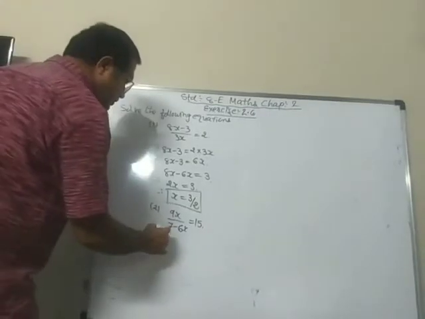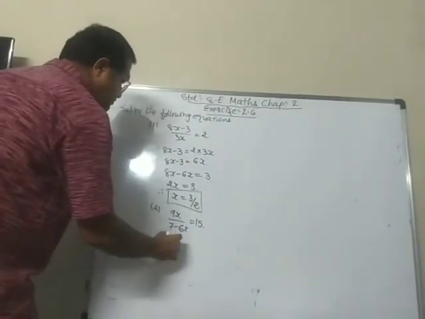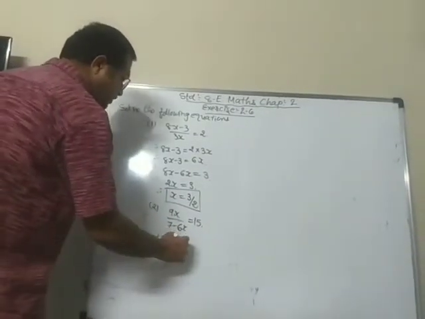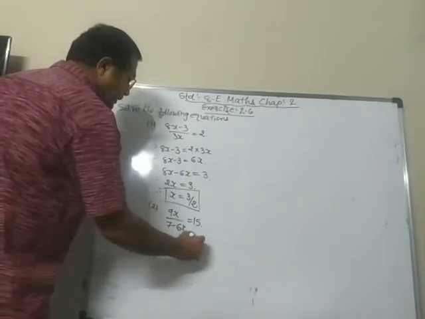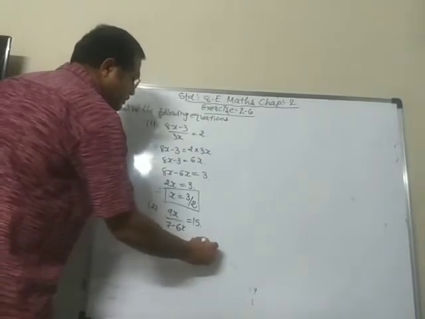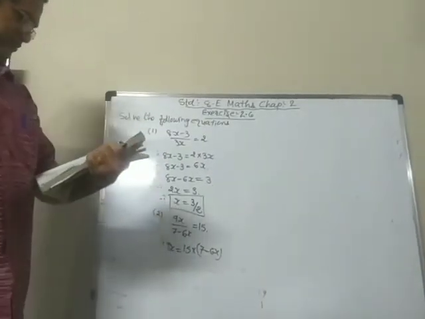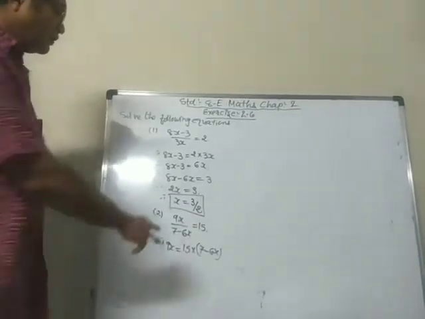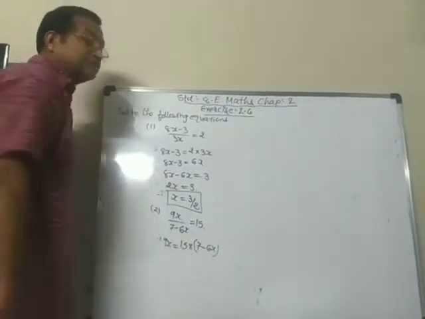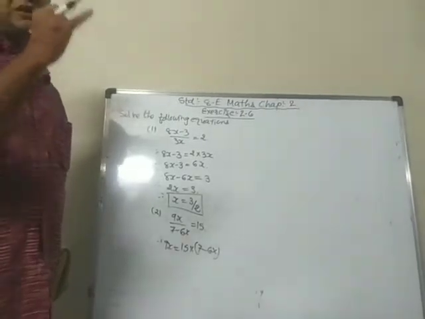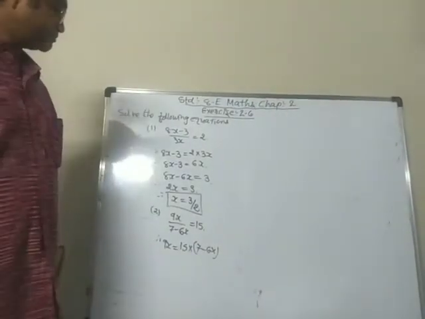So what we will do here, therefore 9x is equal to 15 multiplied by 7 minus 6x. Now we have to open the bracket by the distributive property that you learned in the previous standards.